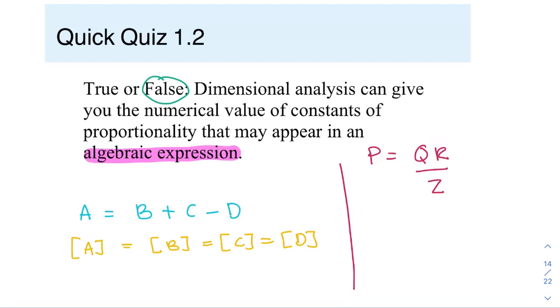If you want to analyze the dimensional symbol or units, P must be equivalent to Q times R over Z. You cannot have them separately like this. Okay.